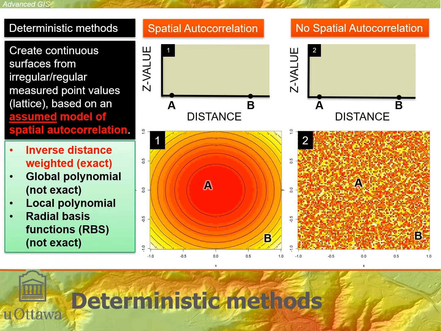And that's plotted up here. So up top here we have distance, which is the distance between A and B. And then the Z value on the y-axis, which represents the height of the hill. So how high is it here, here, here, all along that line.